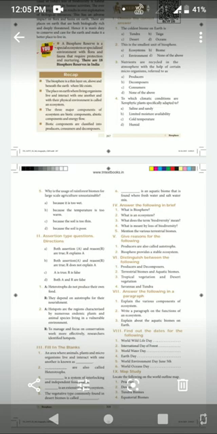Do you know the answer, students? Can you say the answer about the producers and decomposers? What do you mean by producers and what do you mean by decomposers?